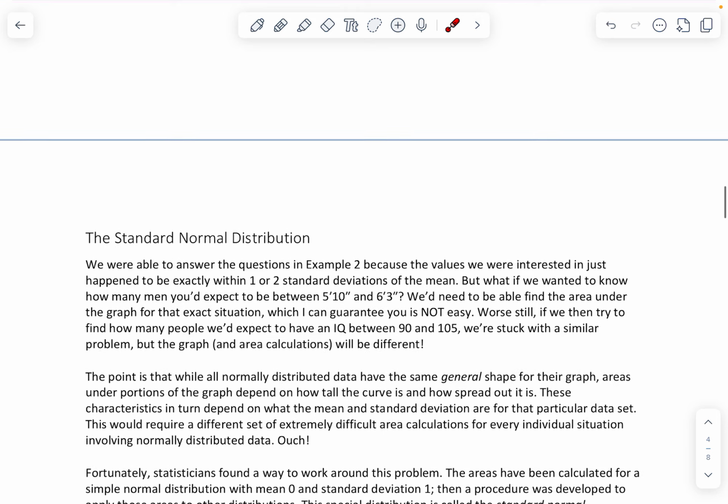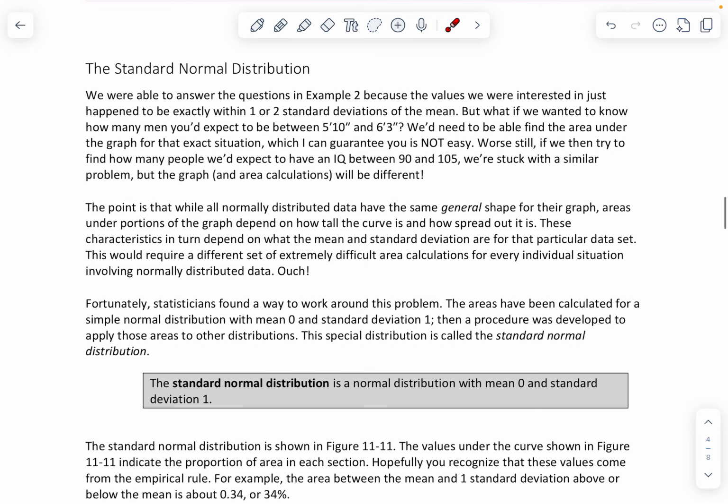Now, we were able to answer the questions in example 2 because the values we were interested in just happened to be exactly within 1 standard deviation of the mean. We could do something similar if we had data that was exactly 2 standard deviations of the mean, right, or exactly 3.